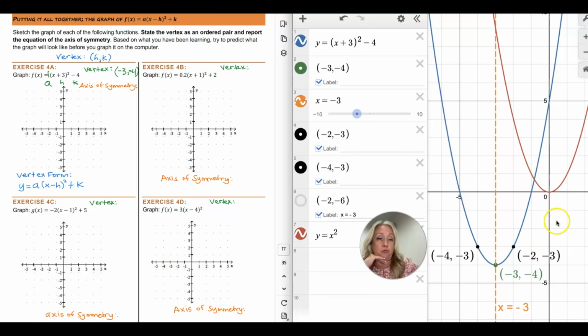It's just moved. Well, where has it moved? Well, if we look at our vertex here at 0, 0, it moved 3 places to the left, and then it moved down 4 places. And that's what gives us our vertex. Left 3 and down 4.